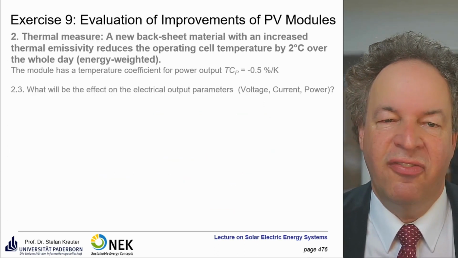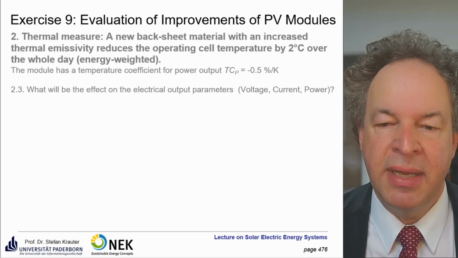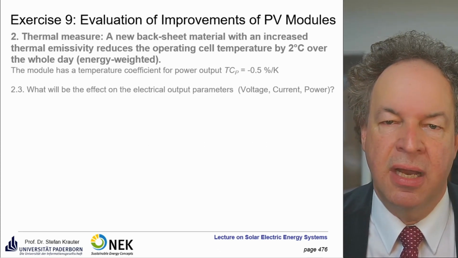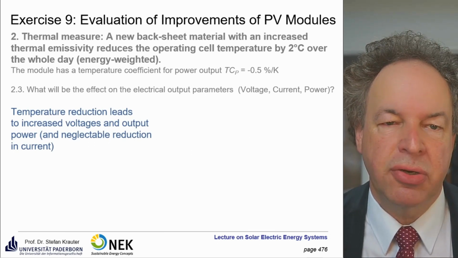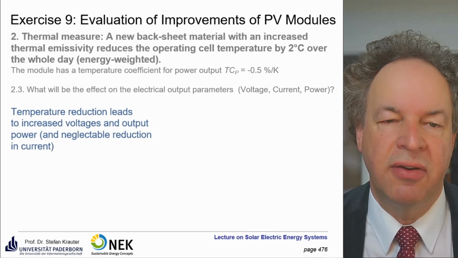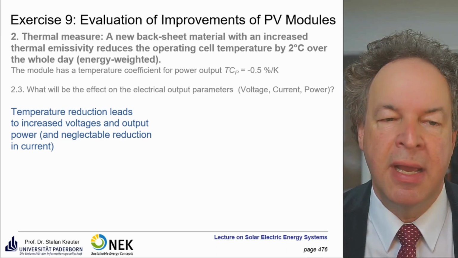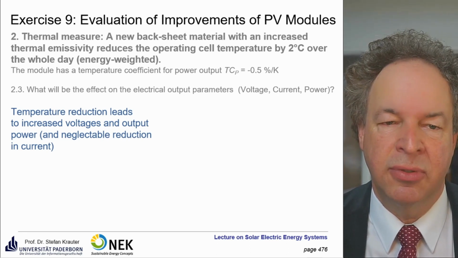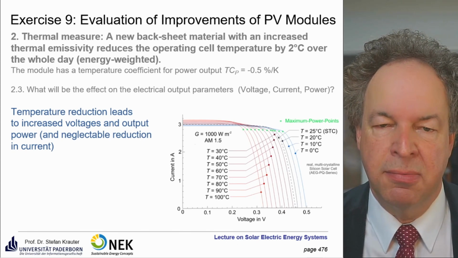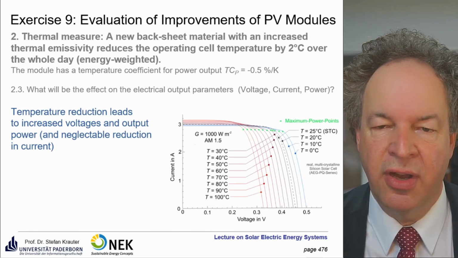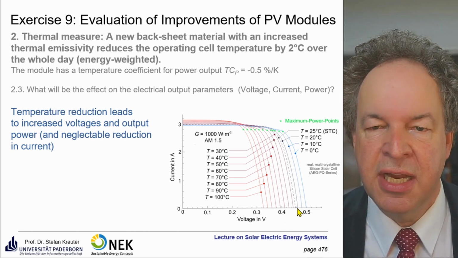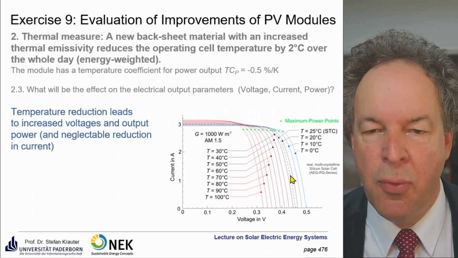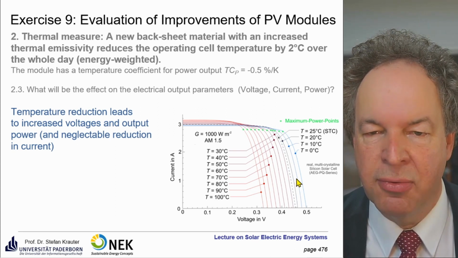So what will be the effect on electrical power output parameters such as voltage, current, and power? The temperature reduction leads to increased voltage and output power, and a negligible reduction in current. If you remember the IV curve with a temperature variation, the dashed line here is under standard test conditions, and if we reduce temperature, we move towards the right part.